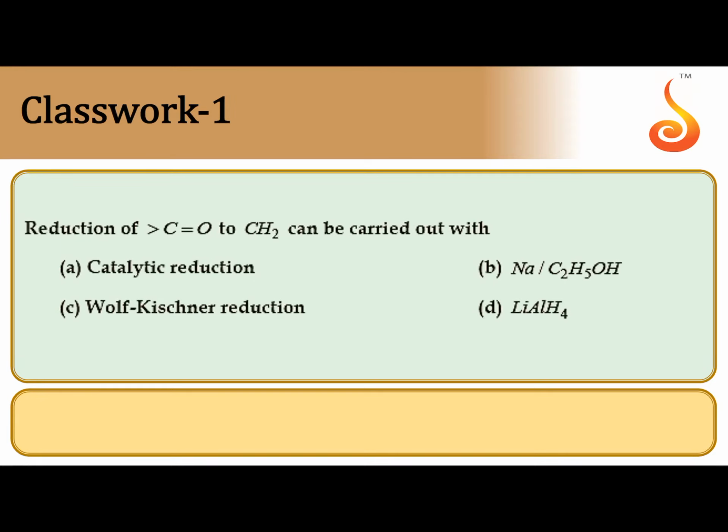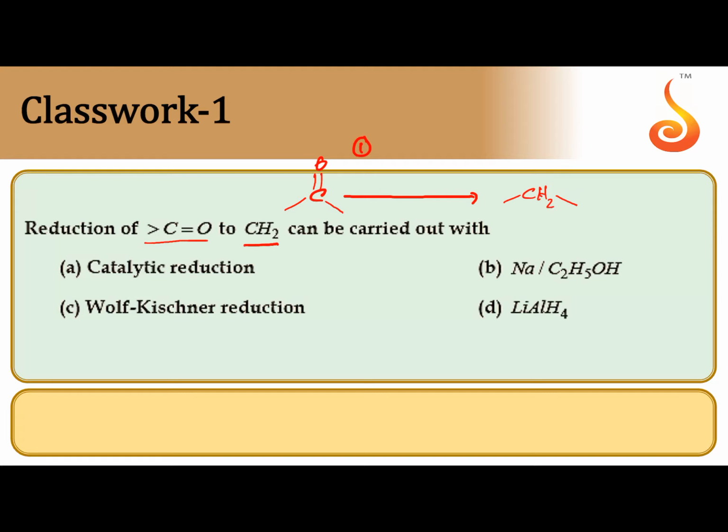First one, reduction of carbonyl group to CH2. Carbonyl compounds are reduced to alcohols as well as alkanes. When C=O is reduced to CH2, alkanes are produced. For this purpose, there are two types of reactions.